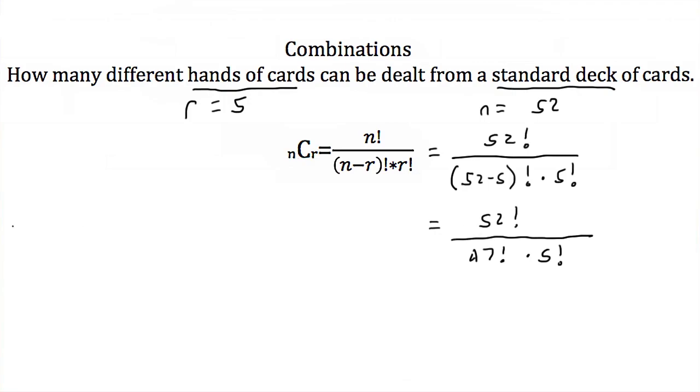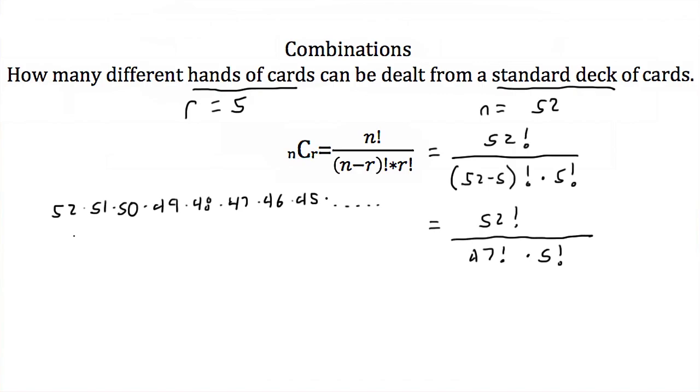Now 52 factorial, that's 52 times 51 times 50 times 49 times 48 times 47 times 46 times 45, and so on, all the way down to 1. This is a huge number. This would take forever to calculate out by hand. But we don't actually have to calculate that entire quantity out.